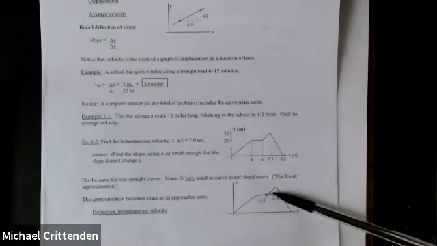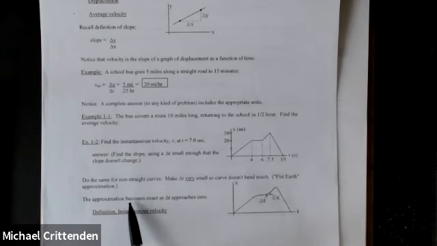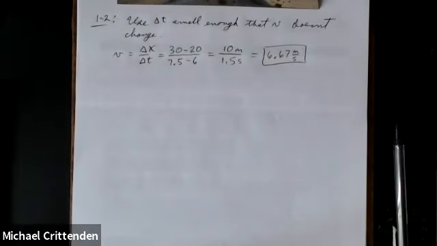Well, what's going to make the approximation exact is if you imagine the time interval collapsing completely onto the interval that you're interested in. So the approximation becomes exact as delta t approaches 0, which leads to the definition of instantaneous velocity.